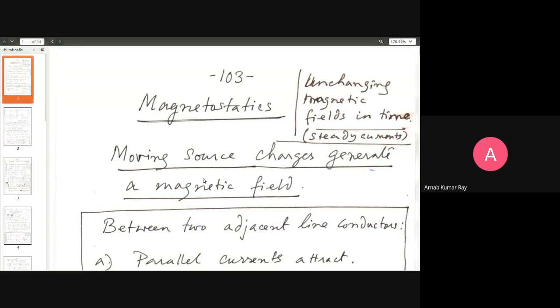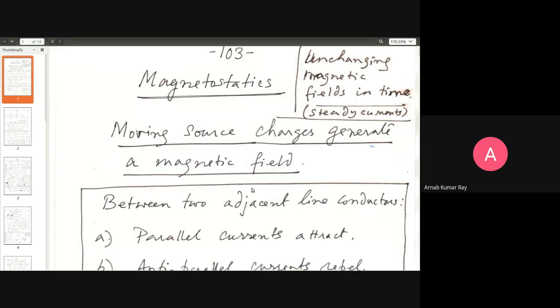Current is to be understood as the amount of charge that flows past an observation point in unit time. So, at different points of time, when you measure, if you find the same amount of charge flowing past, then you have a steady current. And such a current will give rise to a static magnetic field, as in a magnetic field that is not changing in time.